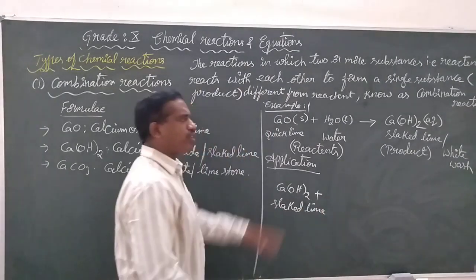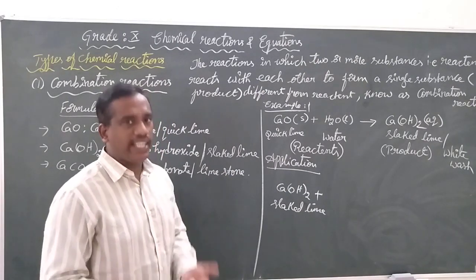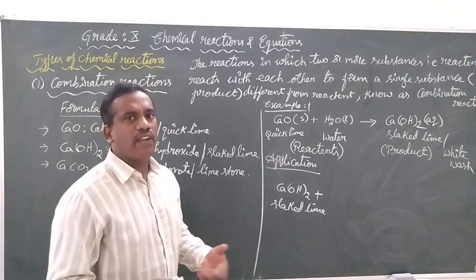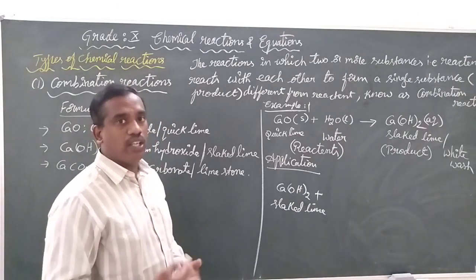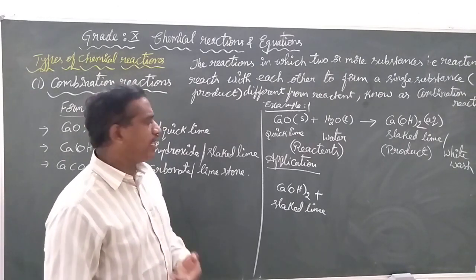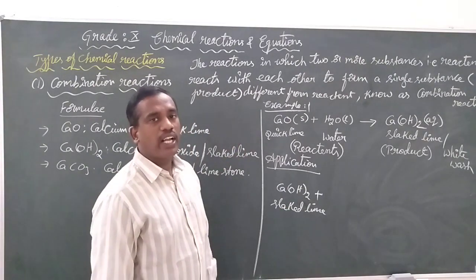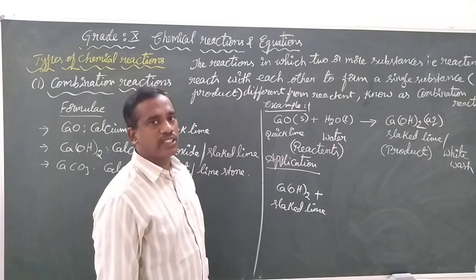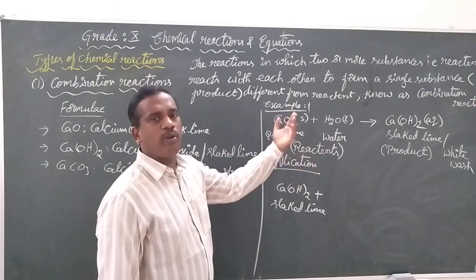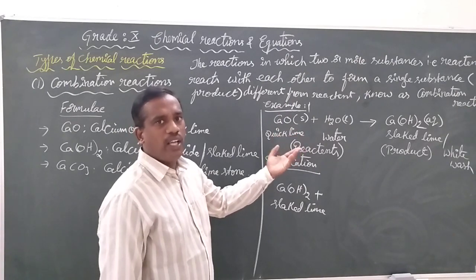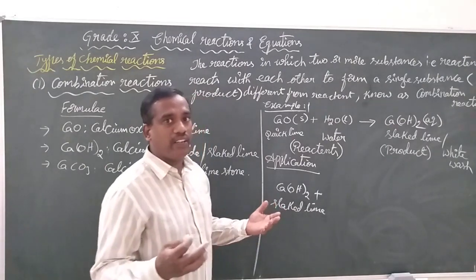When we apply it onto the wall, it is left for 2 to 3 days. During that time, atmospheric carbon dioxide starts reacting with our slaked lime. When we apply it initially, it is very pale or dull in color, but when it is left for 2 to 3 days, we get a very bright white color.